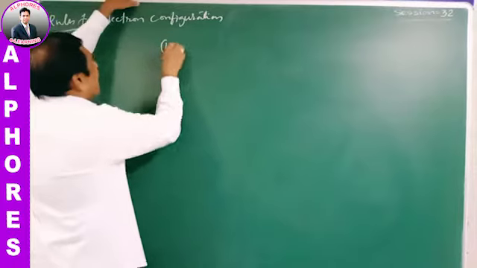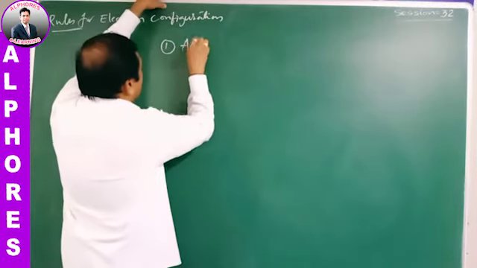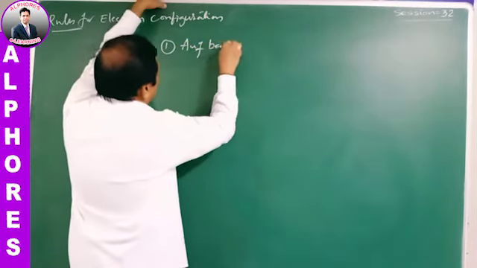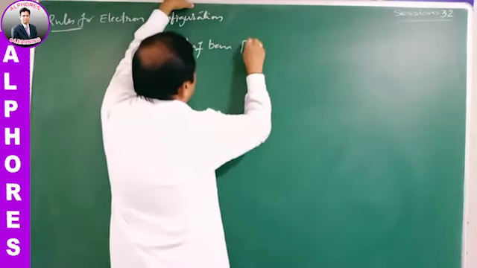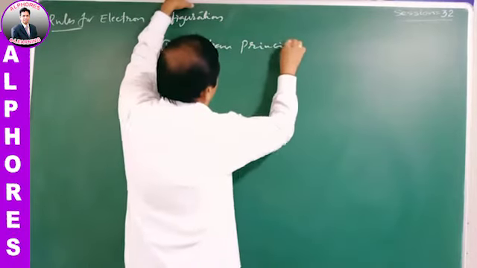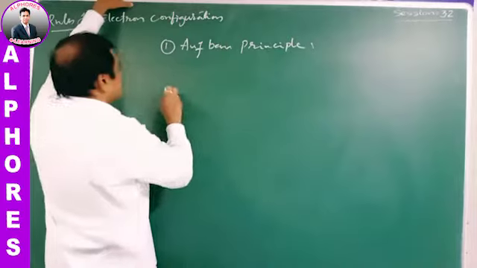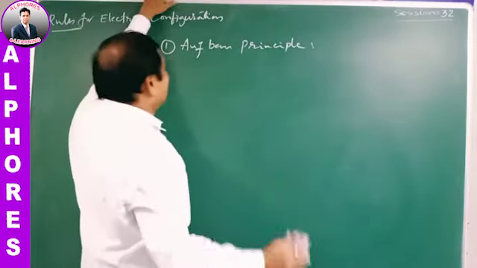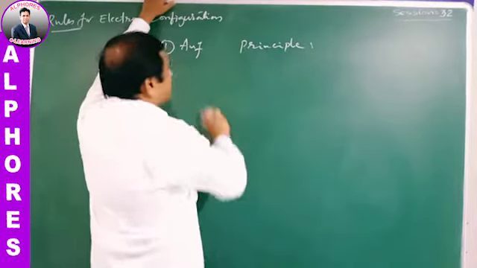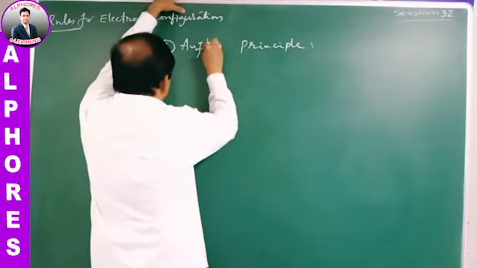Number 1, Aufbau principle. It explains how the electron enters into the orbital, which orbital the first electron goes to.